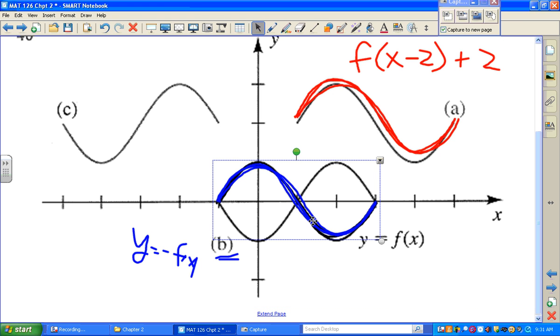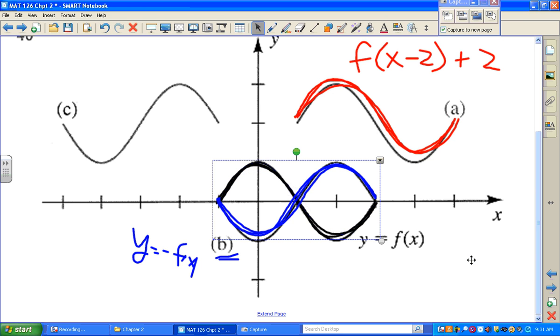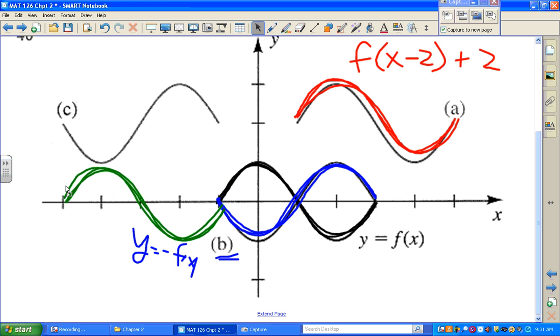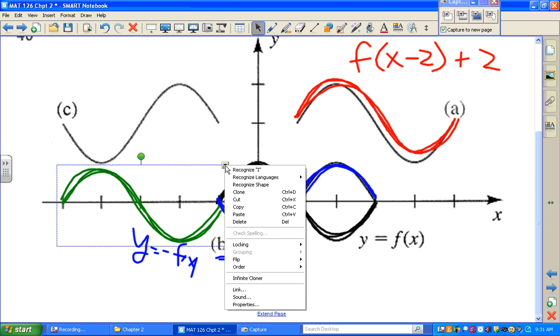Let's see if I flip it. This thing actually does have flip. There we go. And then to get C, I'll take the graph in green. And what do I have to do first? Somebody said over 1, 2, 3. One more? 4. And flip it. Flip it.